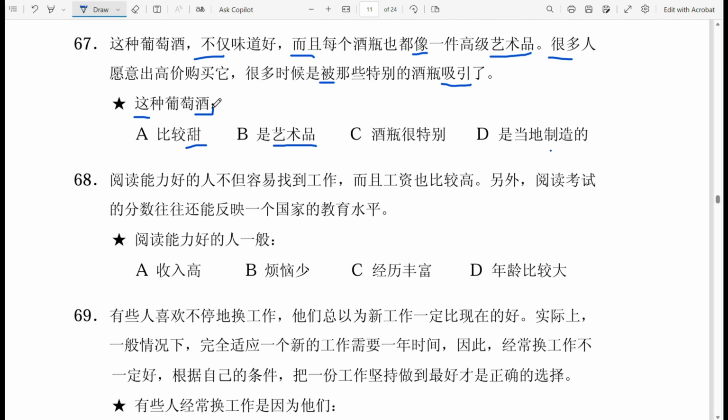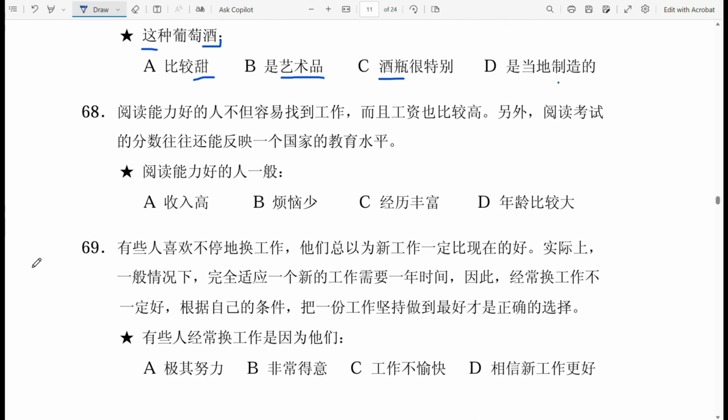So it is not answer B. Answer C instead tells us about 酒瓶很特别, and that is true because that is mentioned in the last sentence. 那些特别的酒瓶. So it is answer C, but let's read the option D just to make sure. It was telling us that this wine is made locally, and that is not mentioned here. So it is very much answer C.